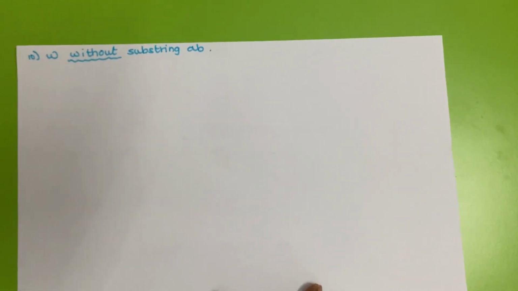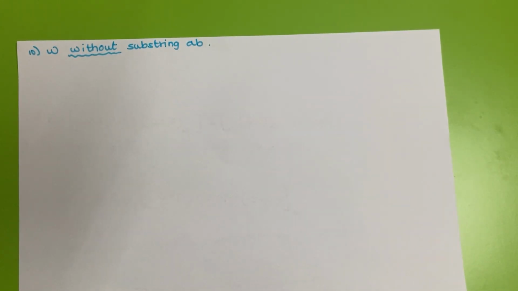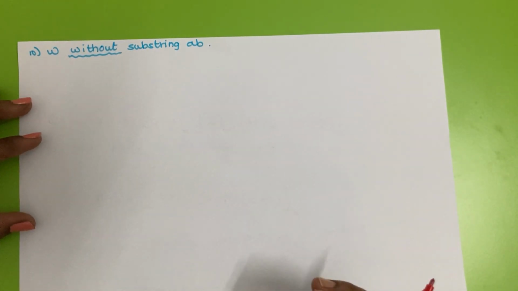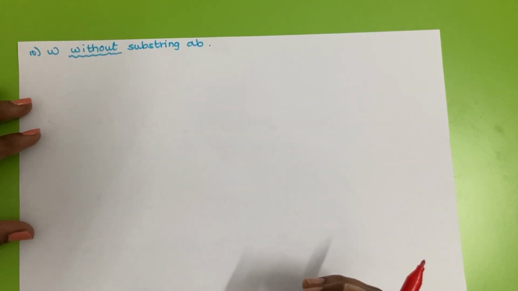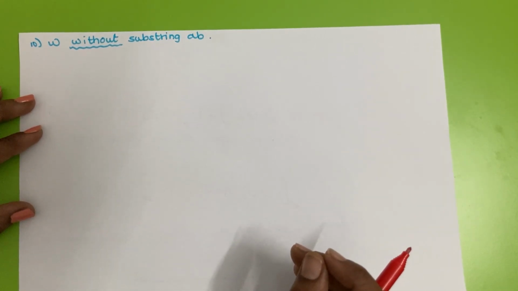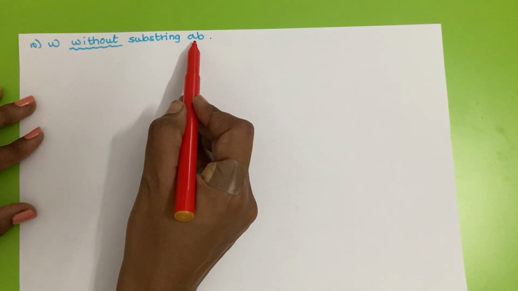The next statement is that we want the strings without substring AB. We have to just draw the strings which do not contain the AB substring.